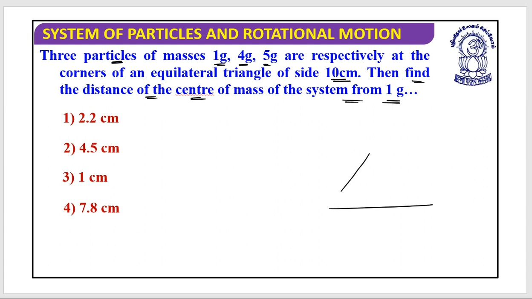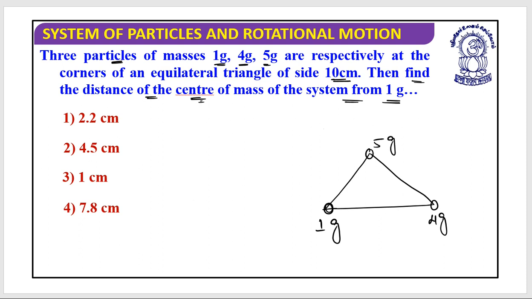It is an equilateral triangle, and three particle masses are there. Let's take 1 gram over here, 4 gram over here, and 5 gram over here.